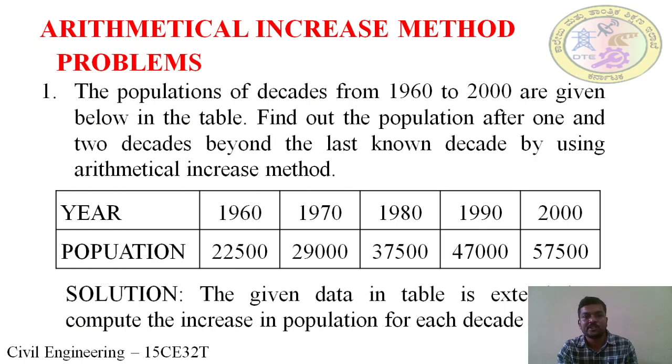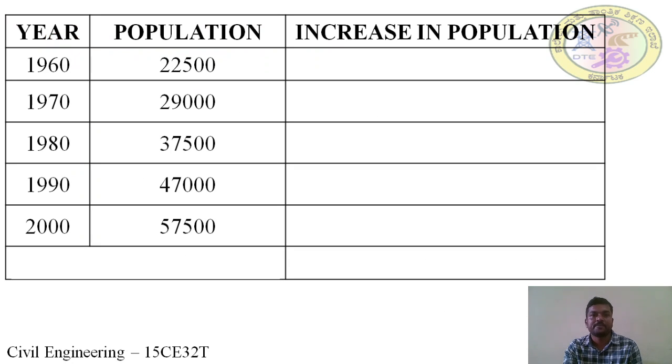The solution to the problem: the given data in the table is extended to calculate the increase in population for each decade. Here we need to find out the increase in population for 1960.